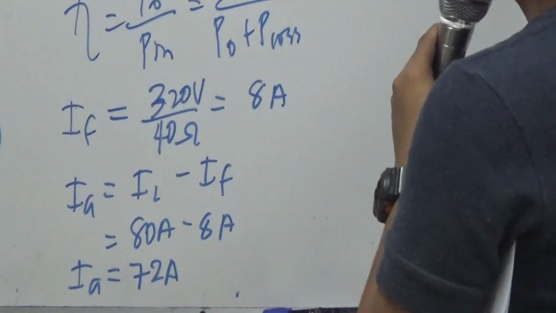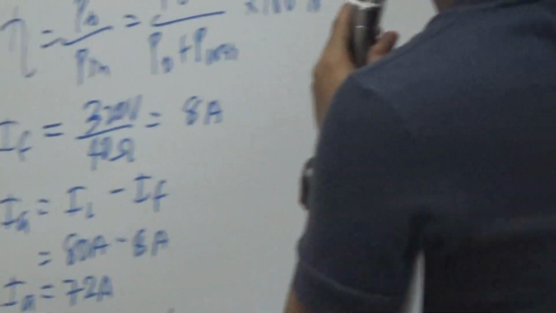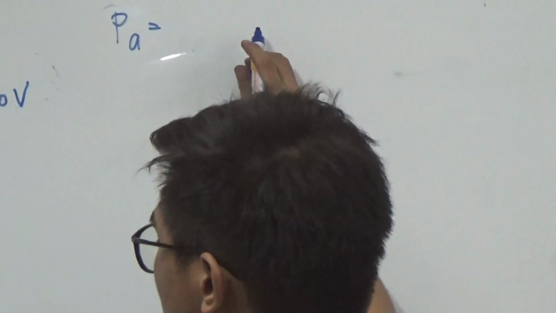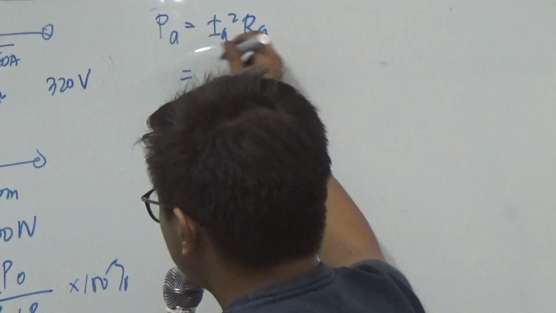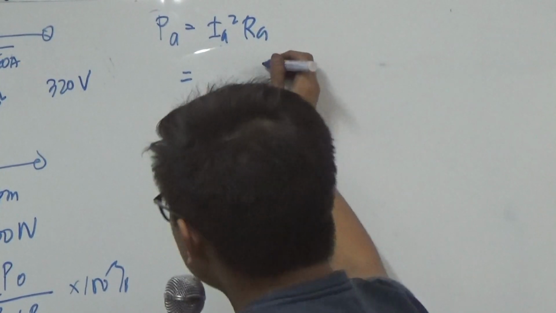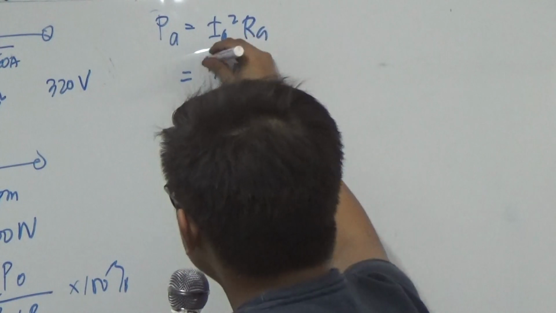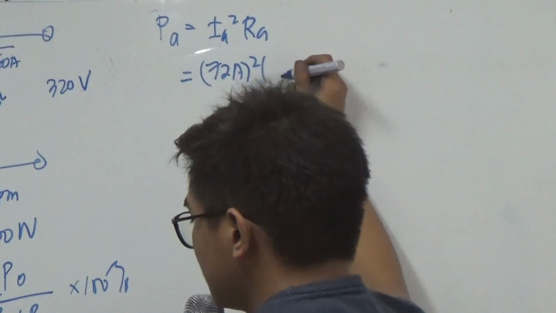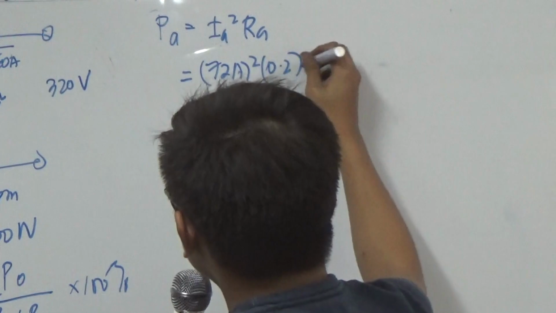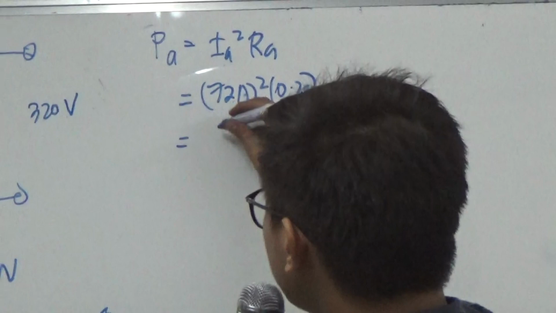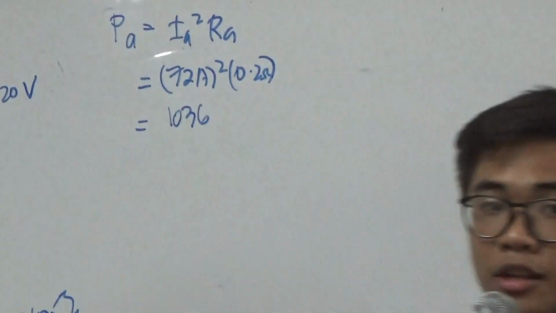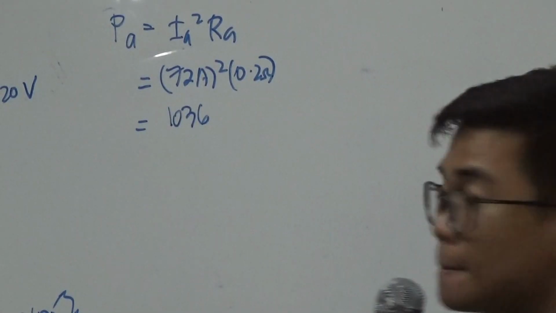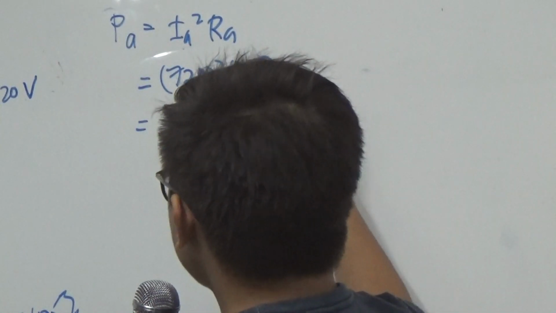So, computation natin, no? Kunin natin yung power loss at the armature. Power loss at the armature is IA squared RA. That will be 72 amperes squared times RA, 0.2 ohms. That is 1,036.8 watts.